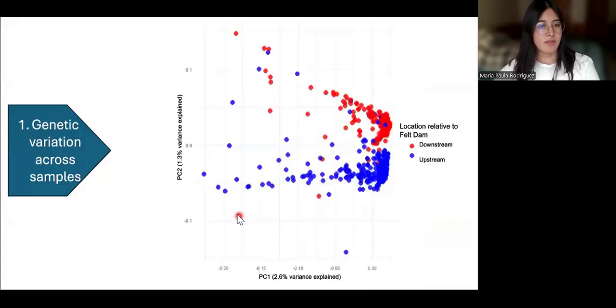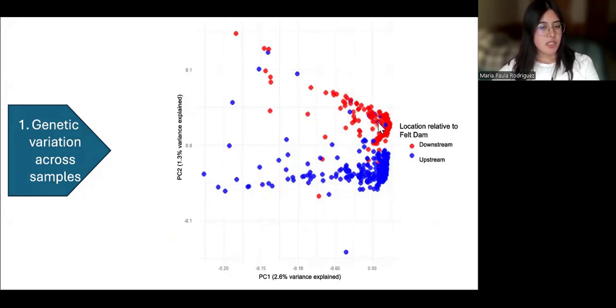With this, the first thing that I did was to explore the genetic variation across all the samples. The image that I'm showing you here represents an analysis that summarizes the major genetic variation among samples on two axes. Each point represents an individual sample, and the closer the points are, the more genetically similar they are.